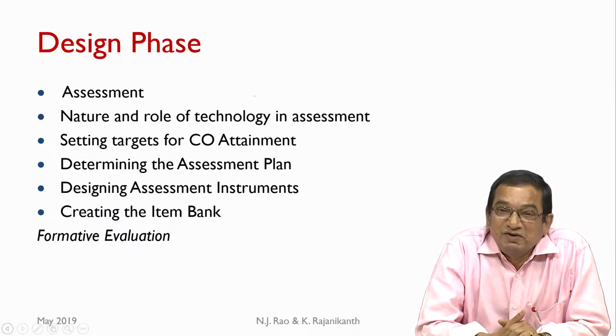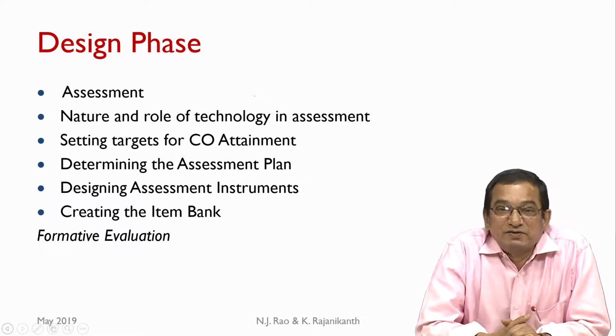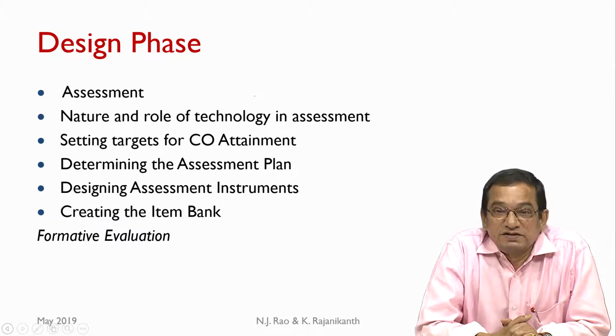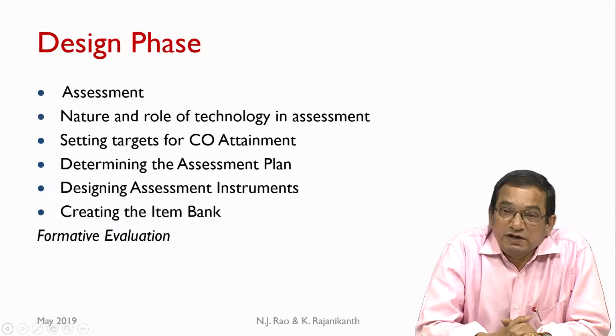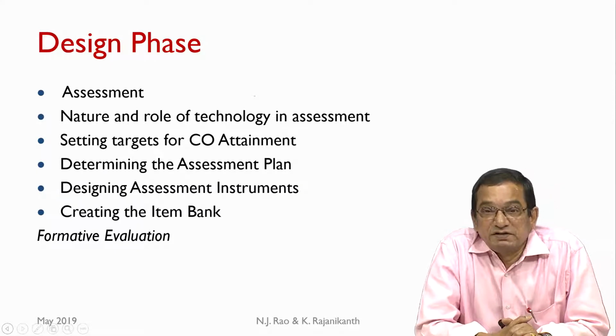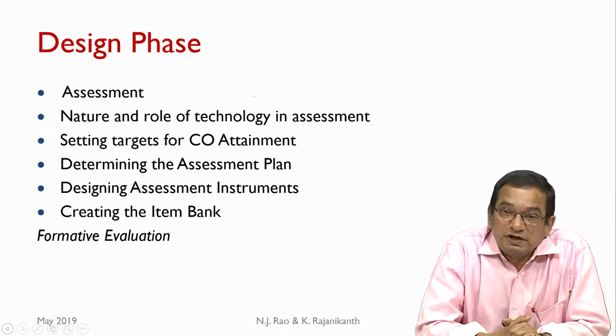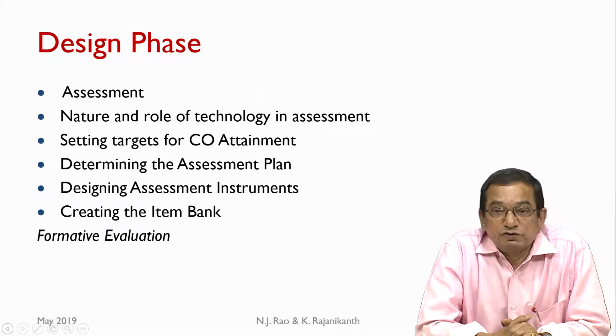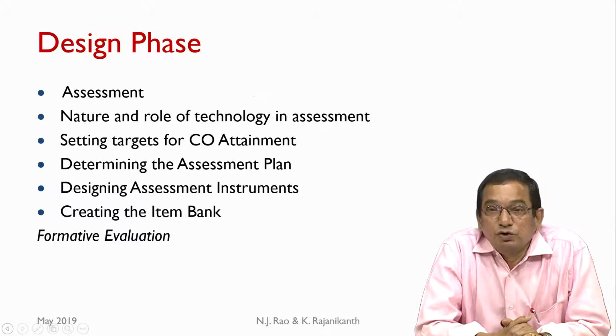There is no recipe, algorithmic way of determining the targets for CO attainment, and what is reasonable can vary from institute to institute. The past experience of the institute needs to be taken into account. The targets must be realistic, but at the same time one cannot set targets which are too low.